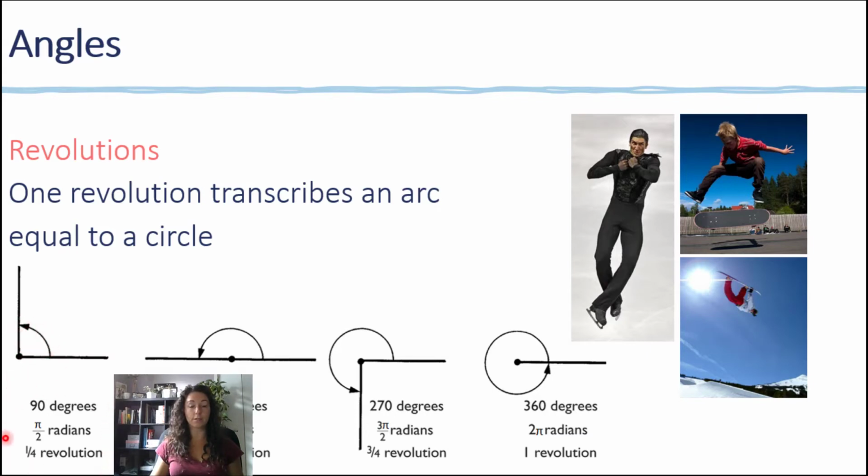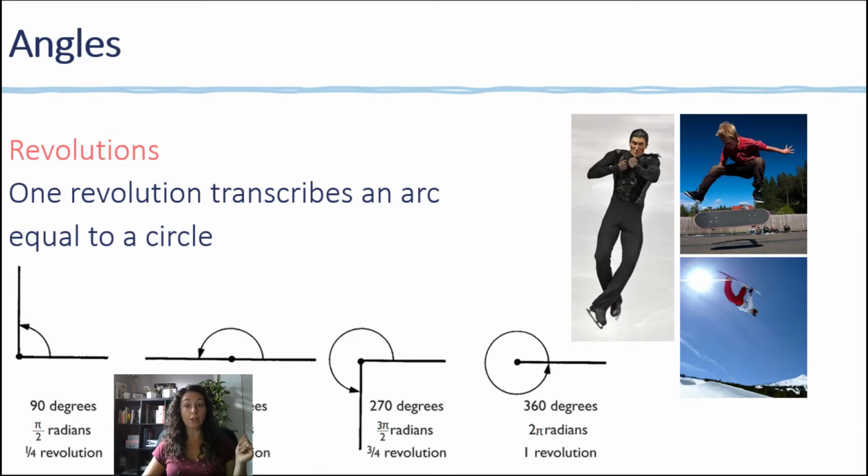Okay, that's what this is showing you down here. 180 degrees is equal to pi times a radian, which is equal to a 1/2 revolution. 270 degrees is equal to 1.5 times or 3/2 times pi times 1 radian, which is equal to 3/4 of a revolution. And then finally, we have 360 degrees, which is a whole revolution, which is also 2 pi radians. Okay, so that's enough for units.